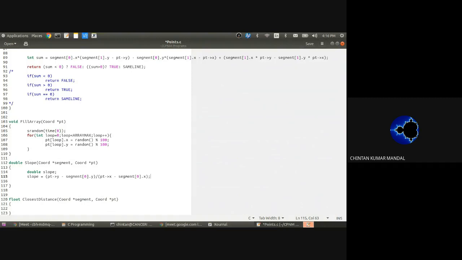Is it all right? Can anybody tell me what the problem is? What is the problem with this function? Oh sir, it will be a problem when pt x minus segment 0 x equals 0. Who will do that checking then?